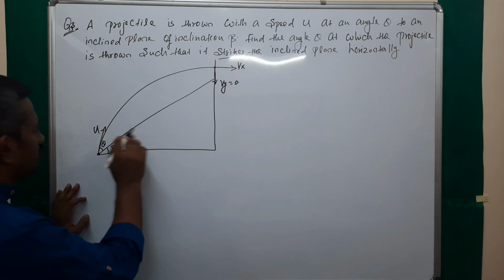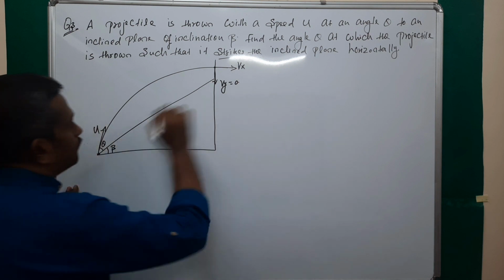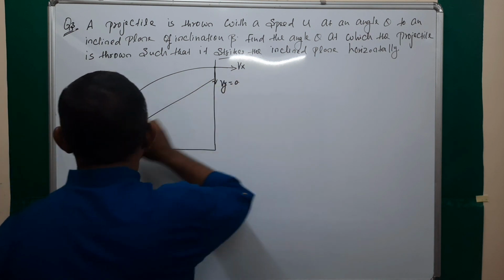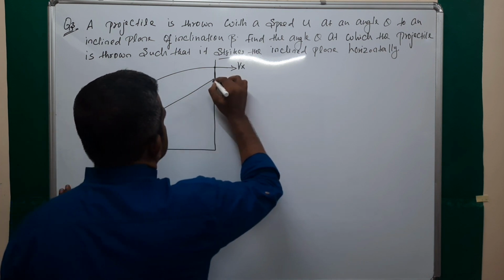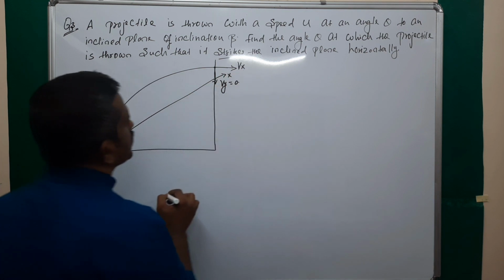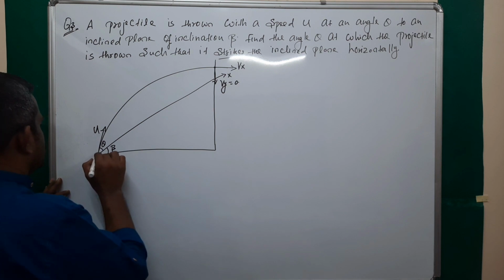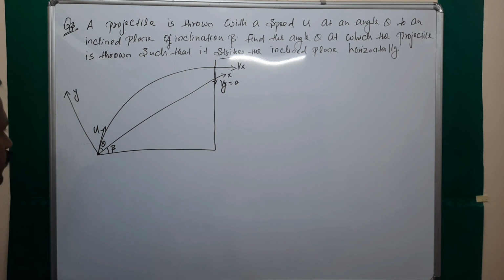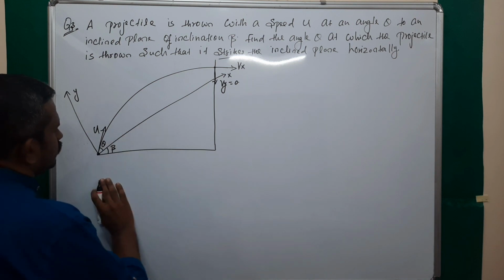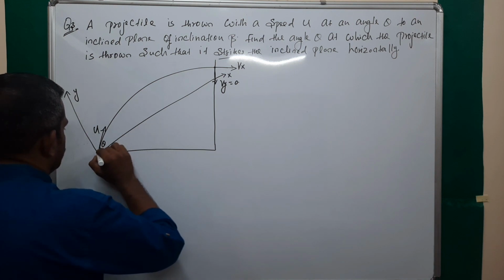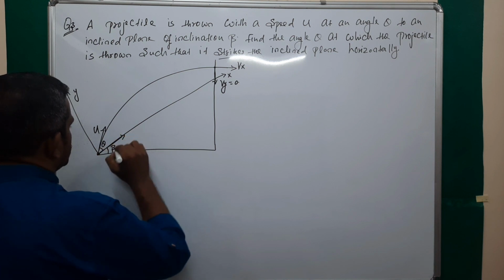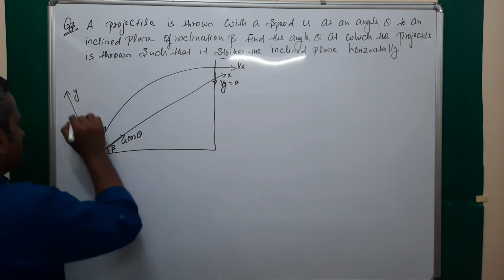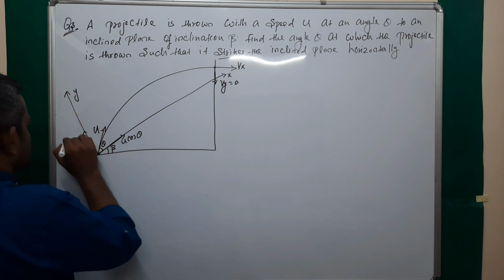Now, the component vectors. The inclined plane is taken as the x-axis and this is our y-axis. Theta is the angle of projection, so the horizontal component is u cos theta and the vertical component is u sin theta.